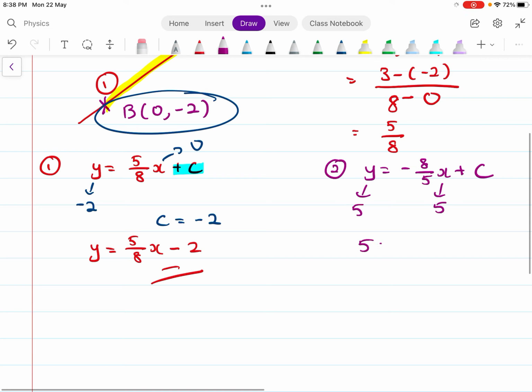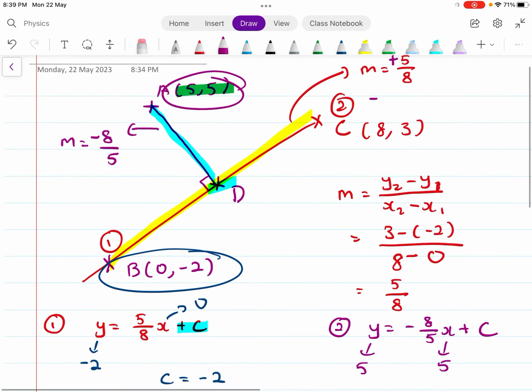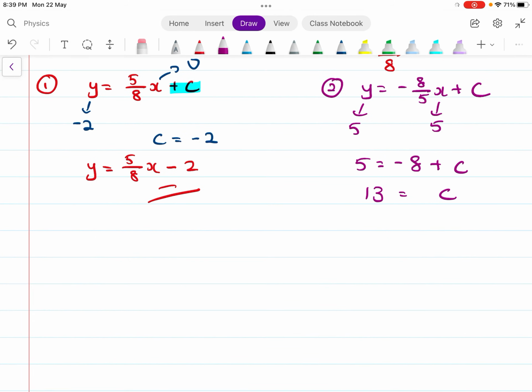The left hand side is 5, the right hand side is negative 8 plus c. So c will be equal to 5 plus 8, which is 13. Now we form the second equation, which is y equals negative 8 over 5x plus 13. So that is the equation of the second line.